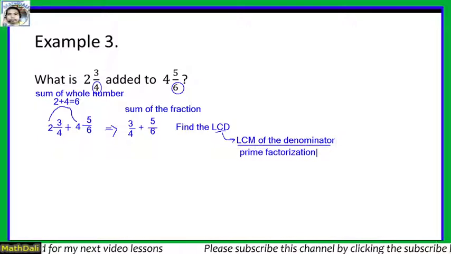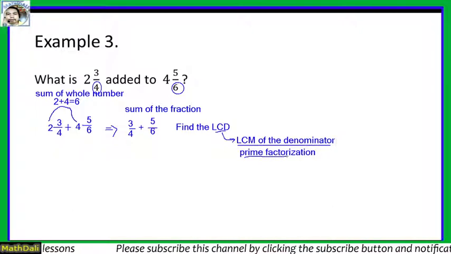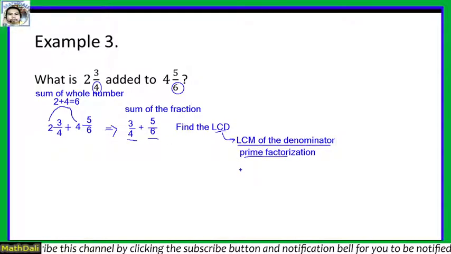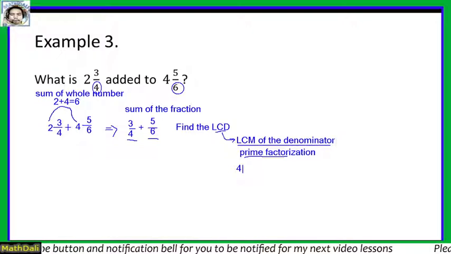Yan. By prime factorization, kukunin natin yung mga prime factors ng ating denominator. So ang denominator natin dito, meron tayong 4 and 6. So list down natin dito. So we have the prime factors of 4. Identify natin ano yung mga prime factors ng ating 4.